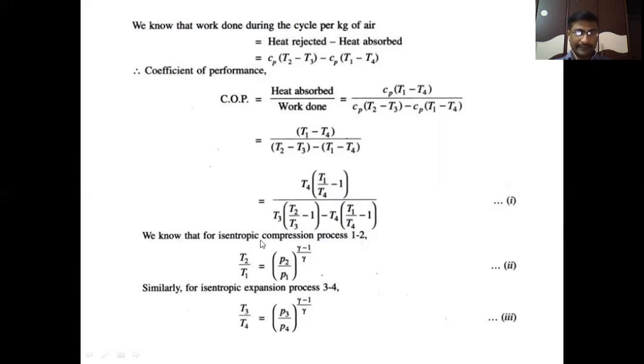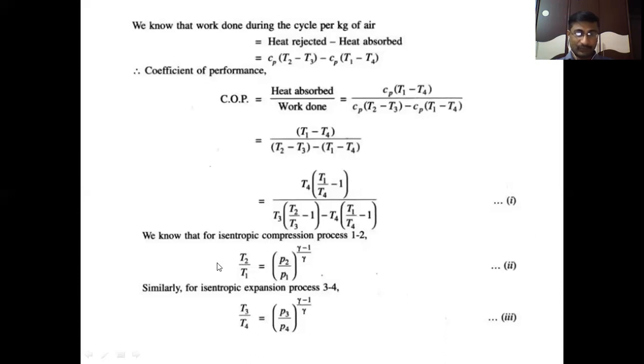We know that for isentropic compression process 1-2, from the basic equations of thermodynamics, we already studied the adiabatic rule for the isentropic or adiabatic process: the ratio of temperatures T2 by T1 equals (P2 by P1) to the power (gamma minus 1) by gamma.